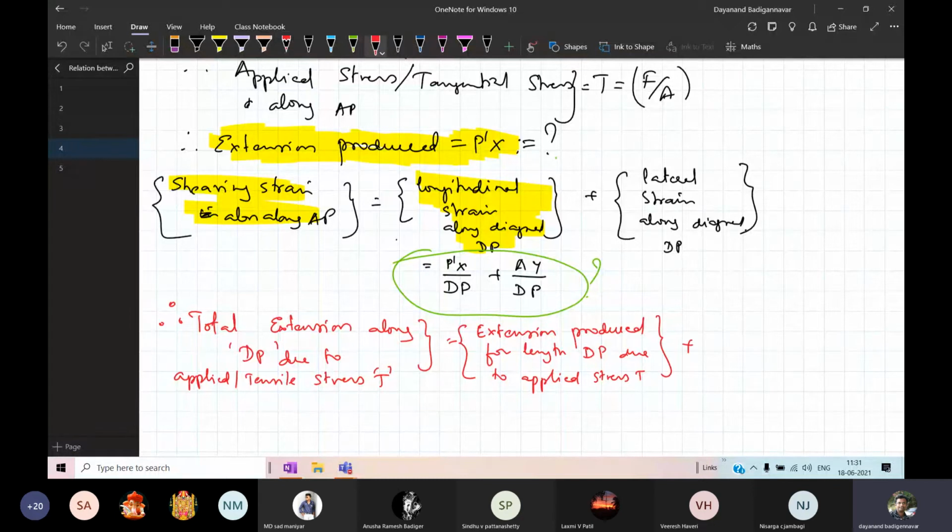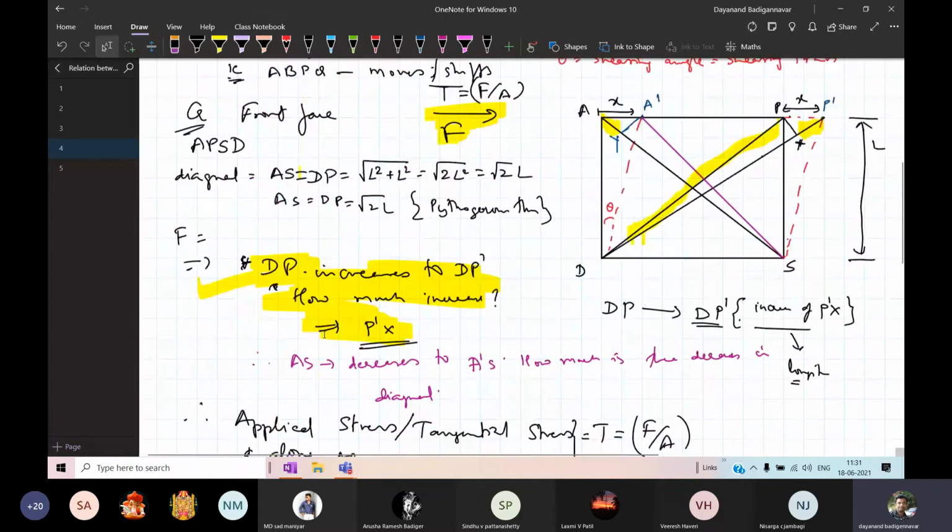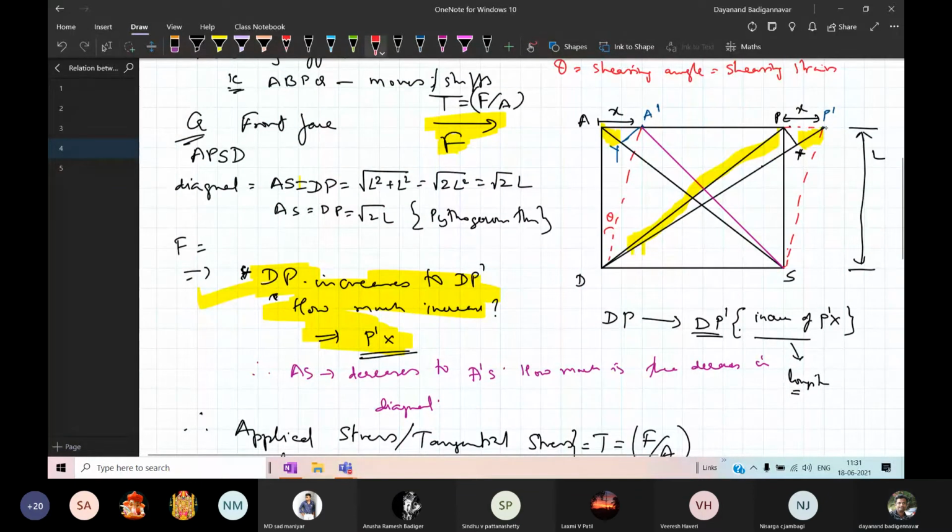plus, now look here, I told you P dash X is the increase in length. So P dash X, the increase in this length, is due to two cases.